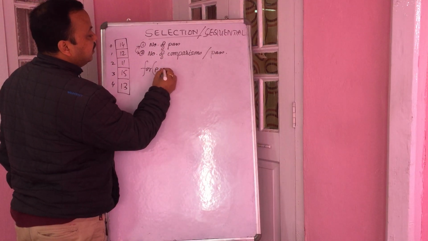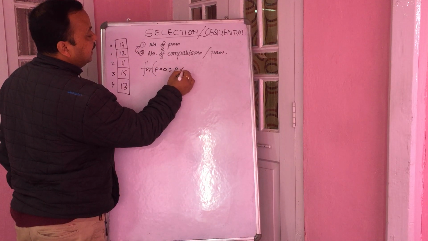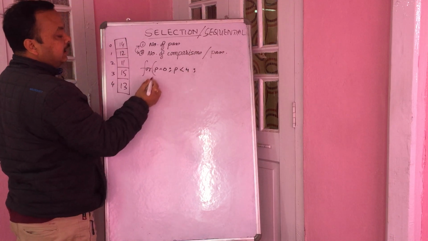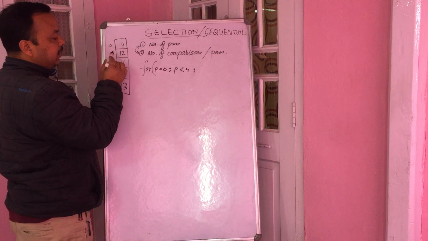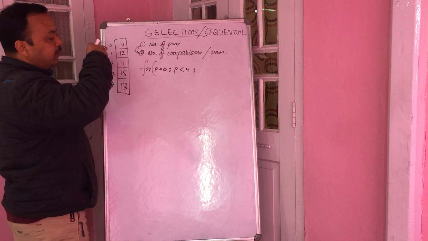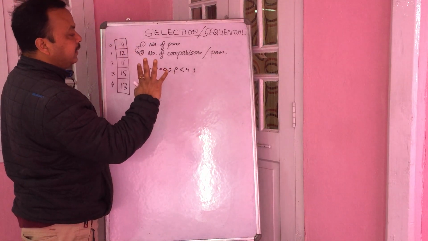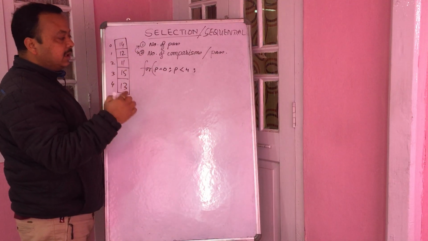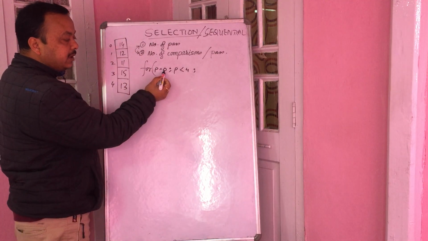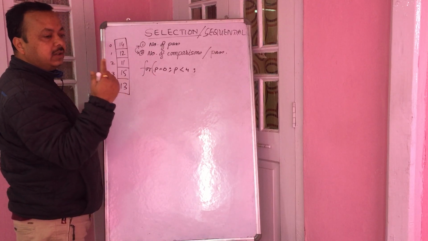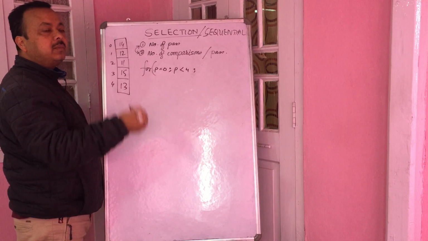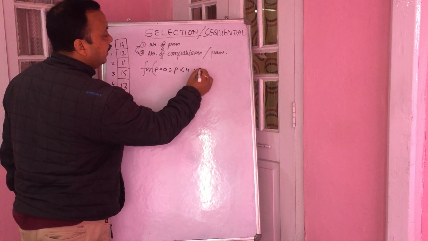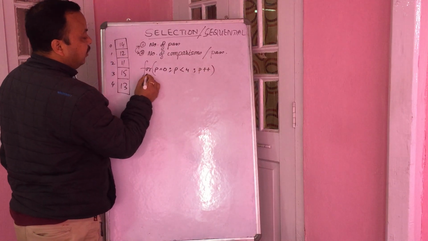So p equal to 0, p less than 4. Why 4? Because 0, 1, 2, 3 means how many? 4. If the total number of elements is 5, then the number of passes will be 4. So starting from 0, 0, 1, 2, 3 means 4 number of passes. P plus plus.